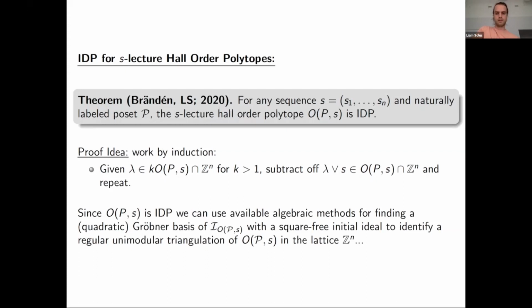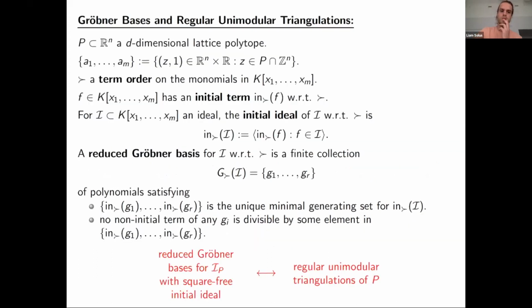But first, for those of you who aren't so familiar with these concepts, what is this Gröbner basis that I'm talking about, and how does it relate to these regular unimodular triangulations? Well, the idea is, again, that we start with our lattice polytope P, and we can again index its lattice points embedded at height 1 as A_1 up through A_m.